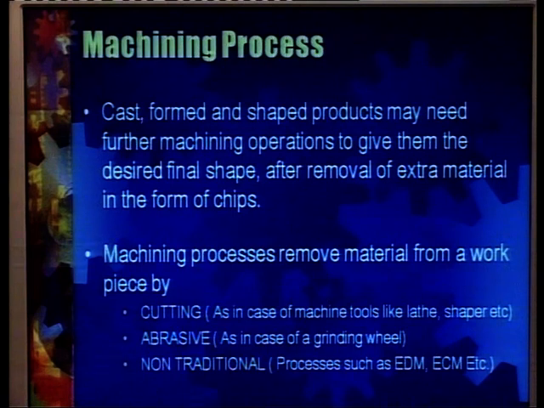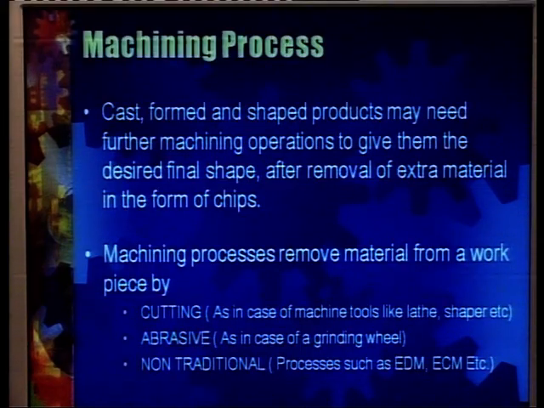Thereafter, for the final processing of the part, normally some machining is required so as to give the part the final shape and size as per the tolerances and dimensions, and for this purpose machining processes are used.